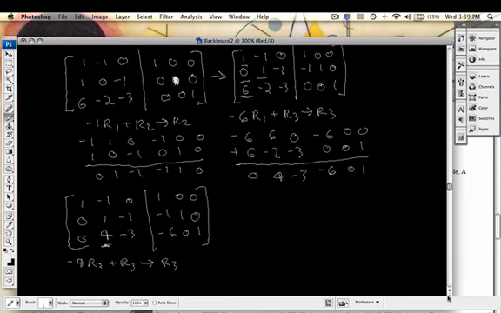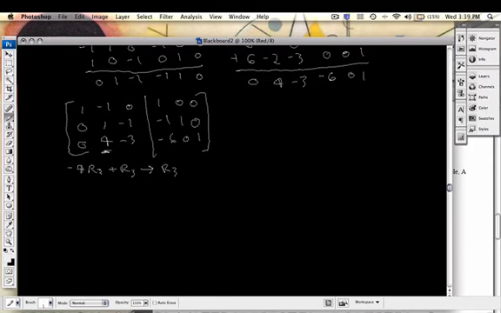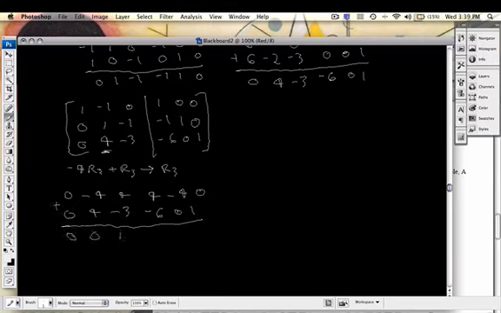So 0, -4, 4. I'm going to do these calculations kind of quick, and if I'm doing them too quick, you can always rewind the tape. So 0, 0, 1, 4 minus 6, negative 2. Okay, and that'll be our new row 3.